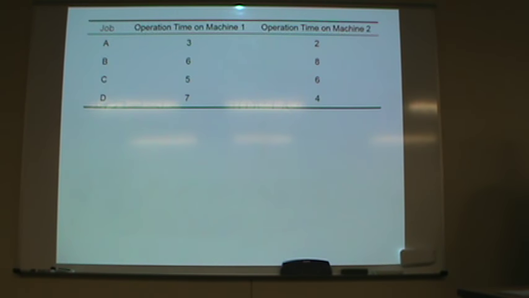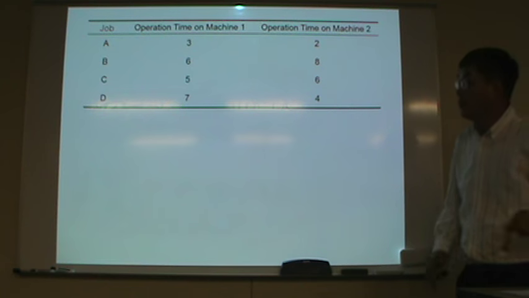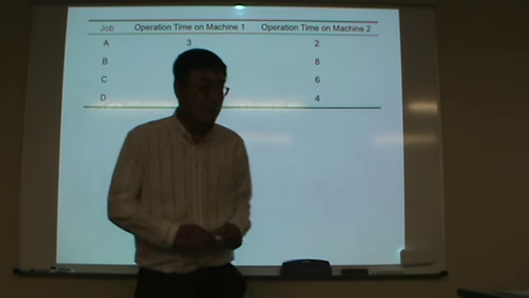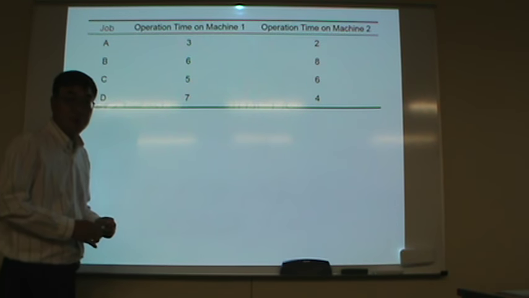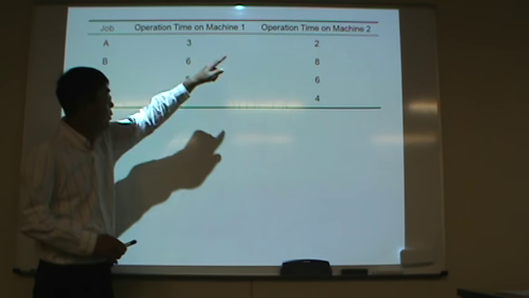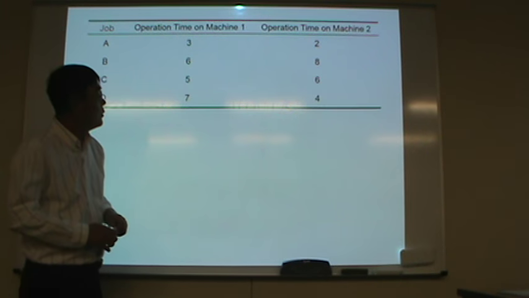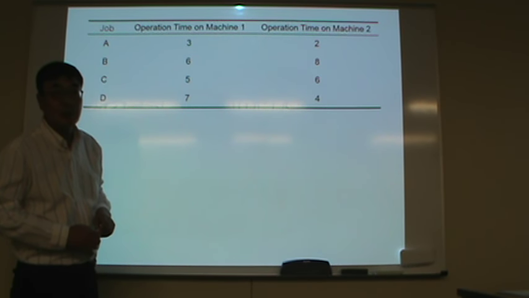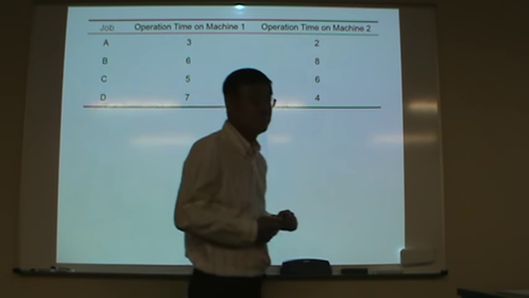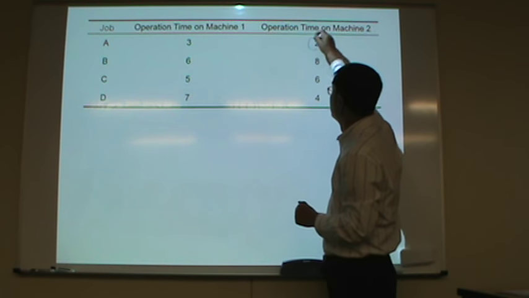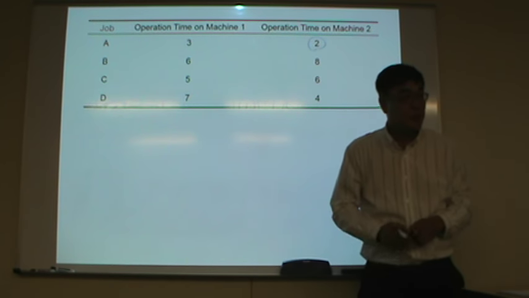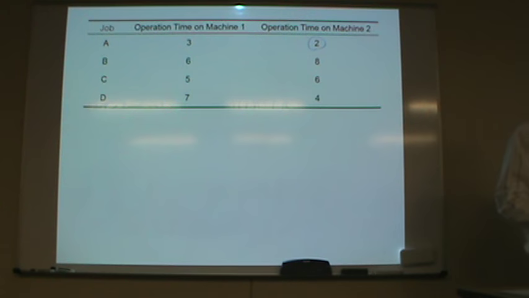Let's do. Okay. Operation time, 3, 2, 6, 8, 5, 6, 7, 4. Which one is the shortest operation time? 2. Do it last. This one is on second machine.